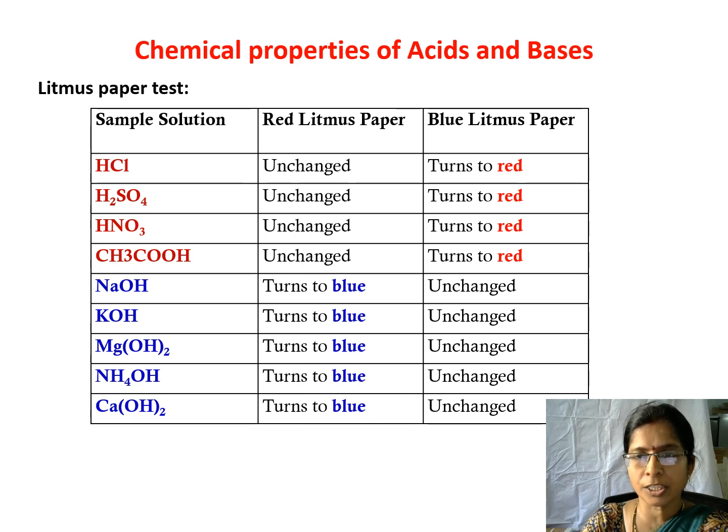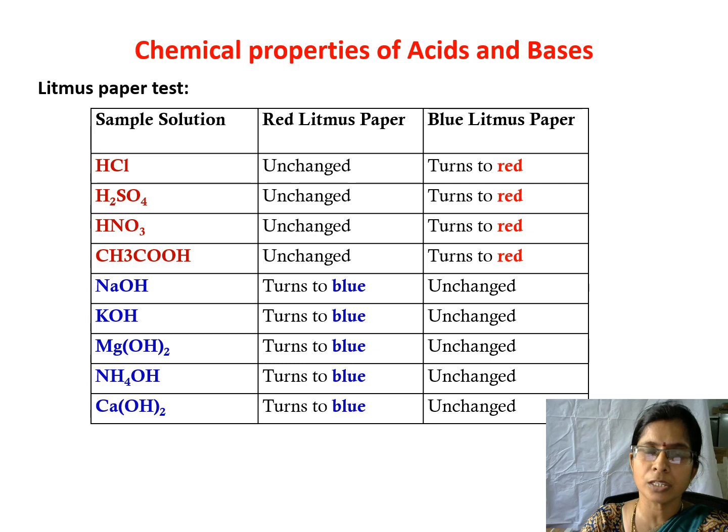Now, let's check with the blue litmus paper. When blue litmus paper is taken and tested with acids, it was observed that the color of the blue litmus paper turns to red color with all these acids, whereas with bases it remains unchanged.